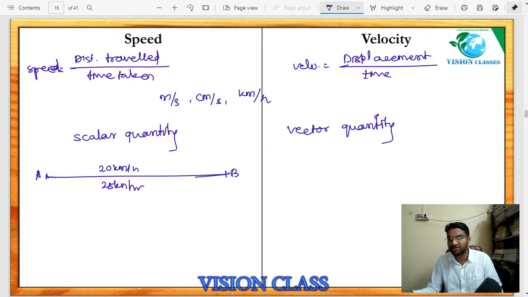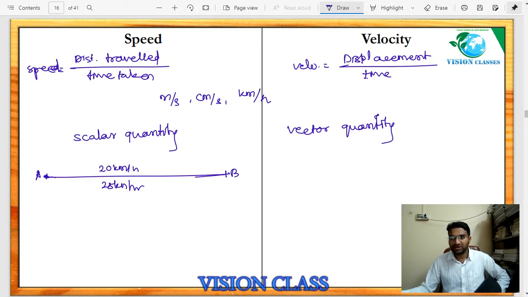So in the first case he traveled at 20 kilometers per hour and came back at 25 kilometers per hour, and we calculate the total distance in this case. Speed can't be zero, but displacement can be zero in the same example.